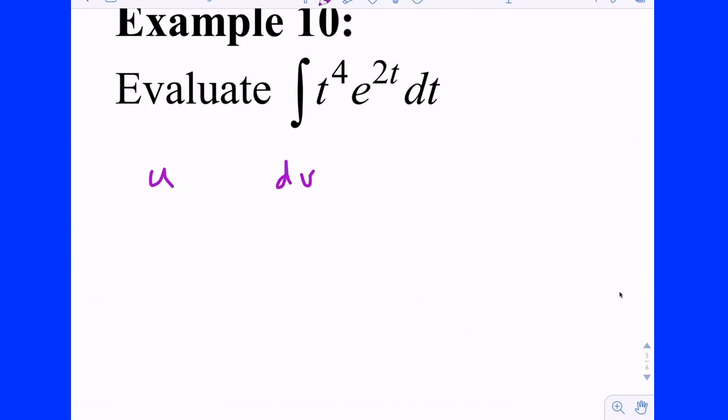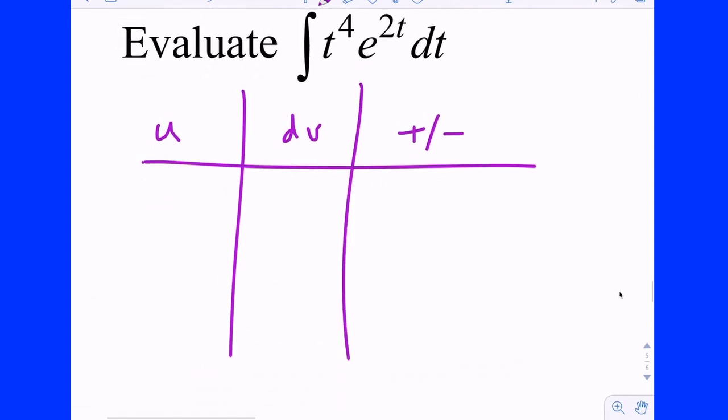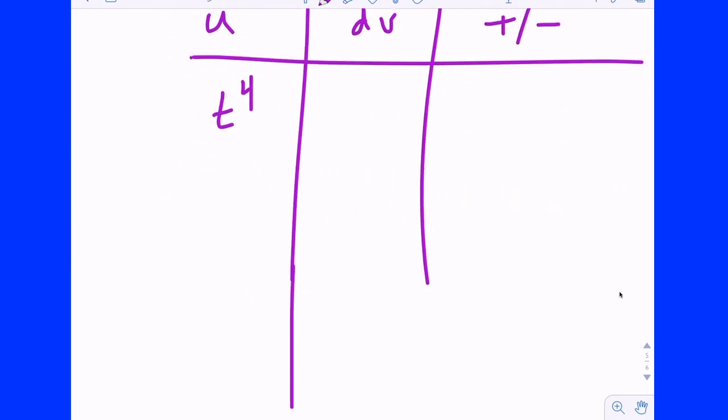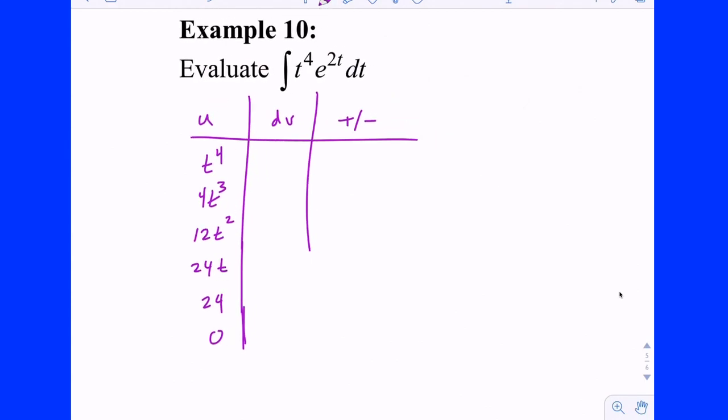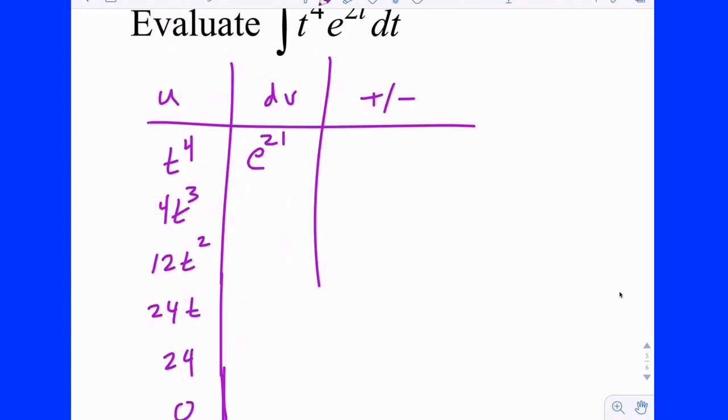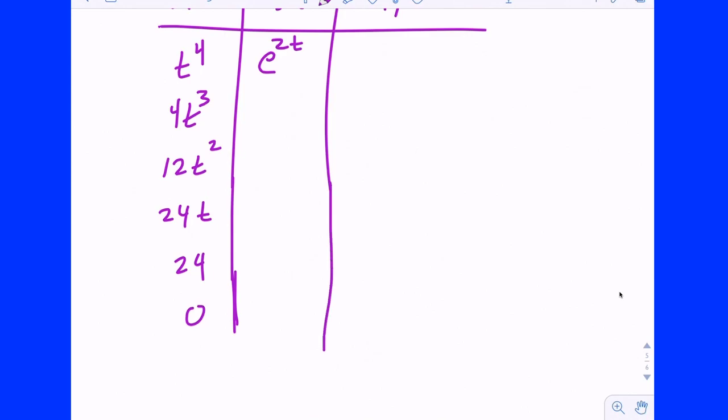U, dv, plus, minus. And let u equal t to the 4th. So if you have a power term there, that's real easy. Just go all the way down, expire to 0. 4t cubed, 12t squared, keep taking the derivative, 24t, 24, 0. Nice. And now you're just taking antiderivatives of e to the 2t. And every time you take the antiderivative, you're going to have to do what?